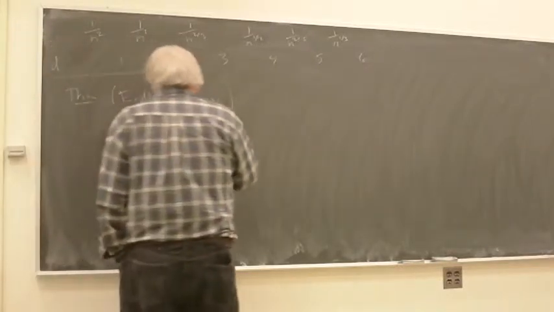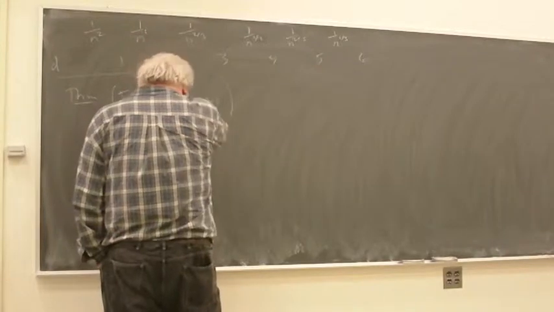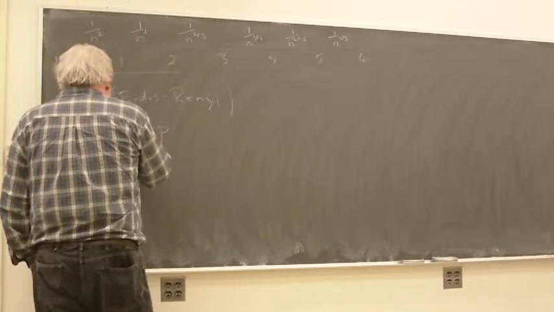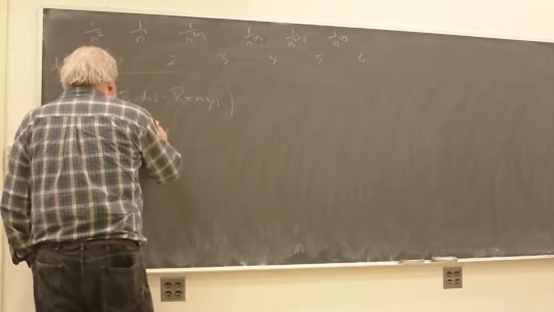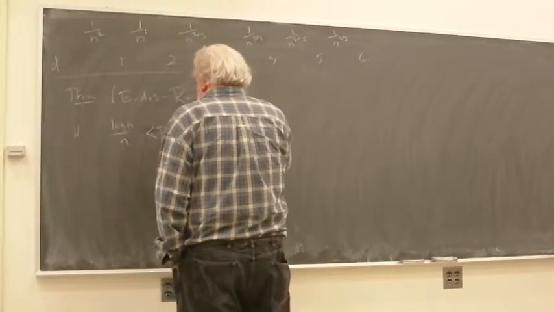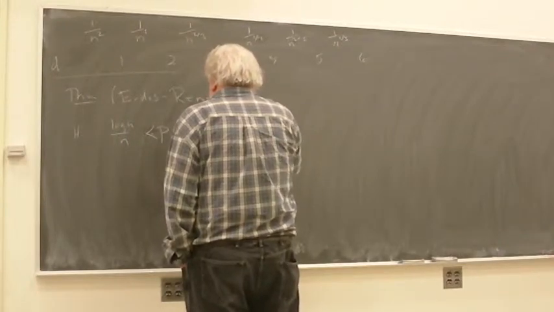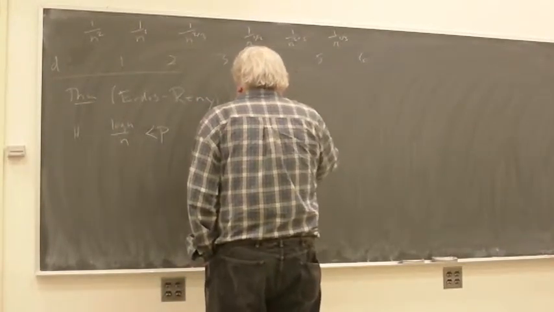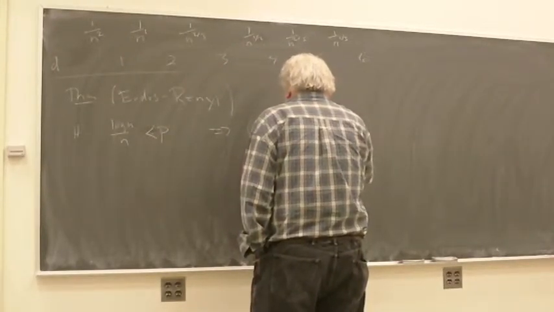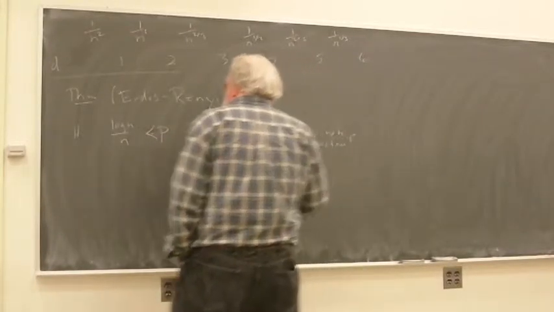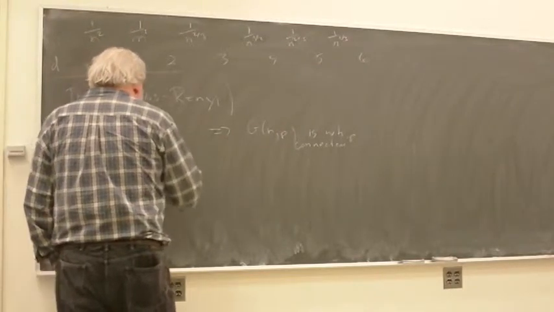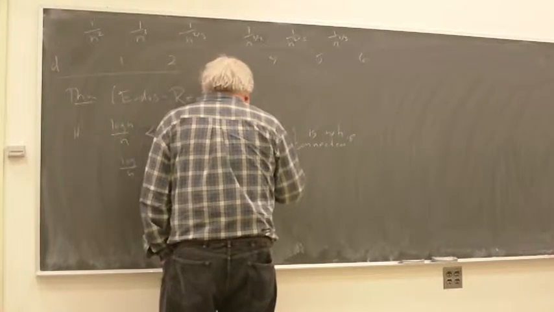The theorem says: if p is bigger than log n over n, which is a sharper threshold than what I said, then G(n,p) is with high probability connected. And if p is less than that, then G(n,p) is not connected.